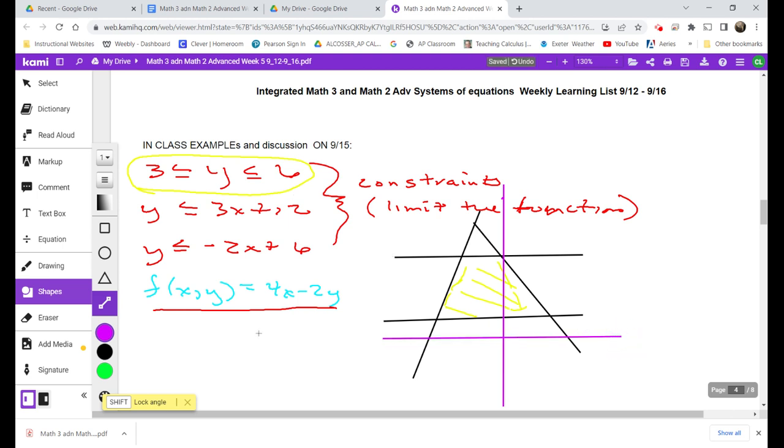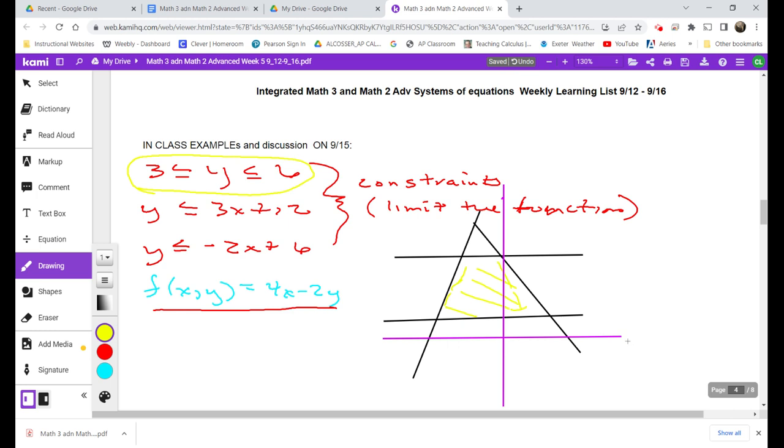Okay, so this is my X and this is my Y. We'll do this in class using the calculator, but this is the shape you get once you put it into the calculator.